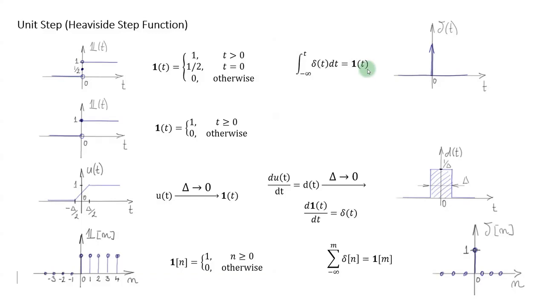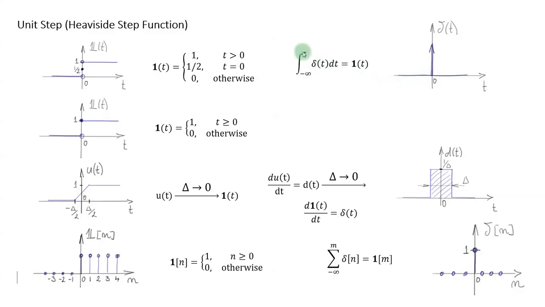This is how the unit step is connected to the Dirac delta function. When you take the integral from minus infinity to t of the Dirac delta function, you will get the unit step. This is actually no rocket science. When you integrate the Dirac delta function from minus infinity to some negative time, you are integrating only 0, so you will get 0.